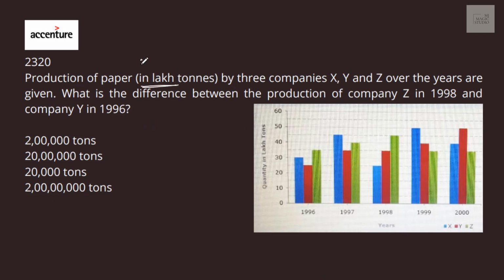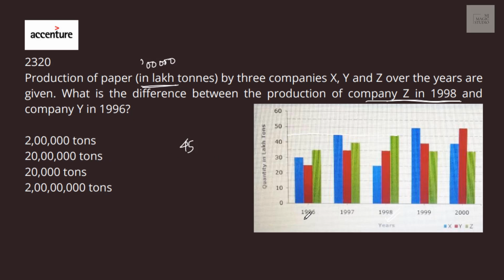Production of paper in lakh tons by 3 companies X, Y, Z over the years is given. What is the difference between the production of company Z in 1998 and company Y in 1996? 1998 is this, Z is green, it is coming as 45 lakh tons.